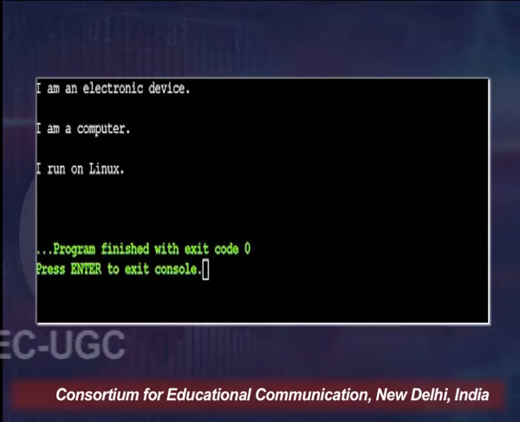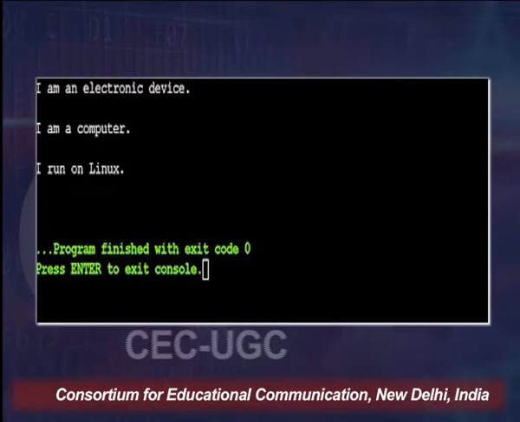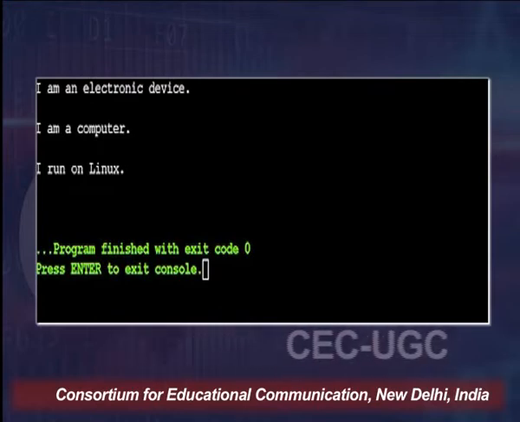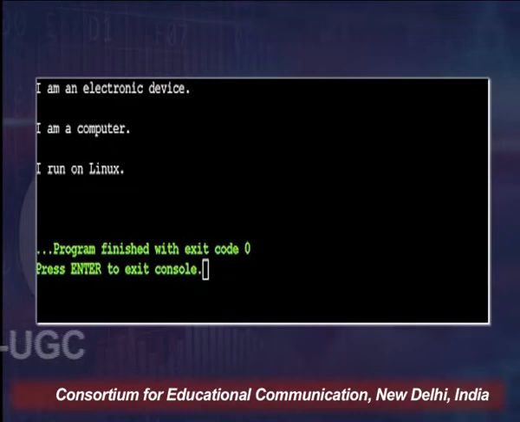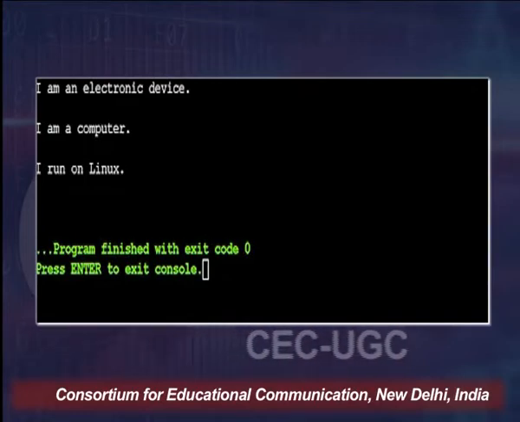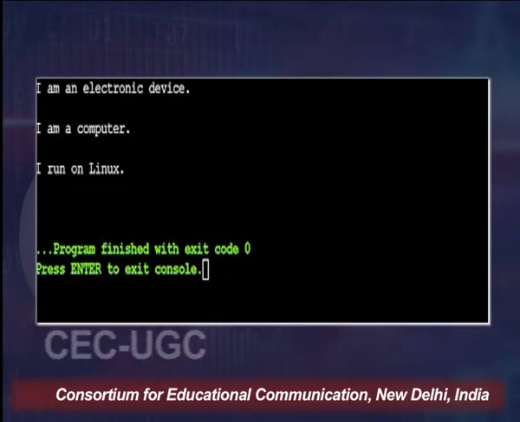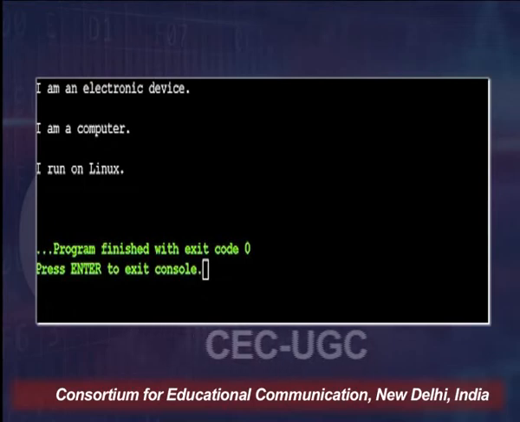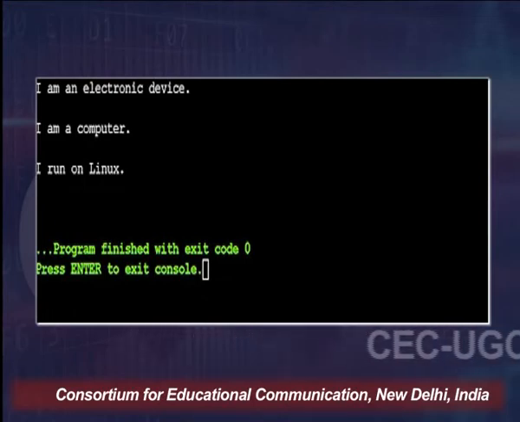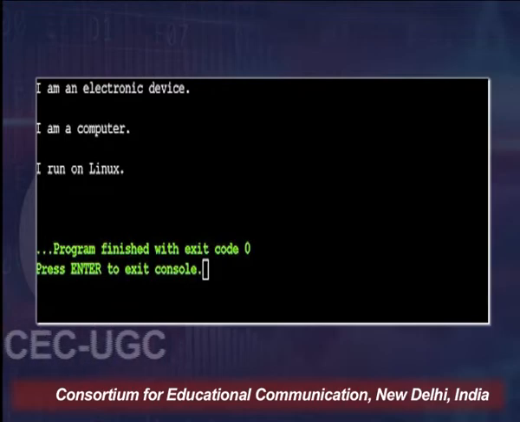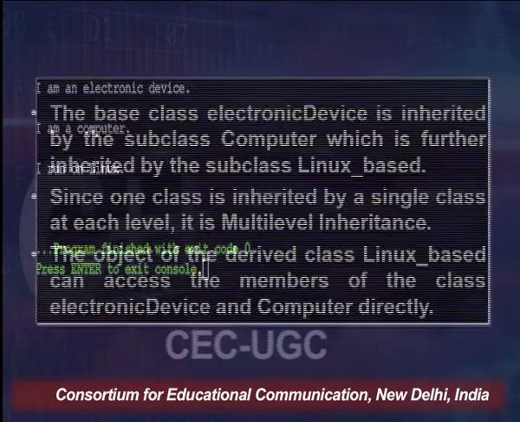This is the actual object which we have created, which in turn called the computer, and the computer class constructor in turn called the electronic device. So Linux, then computer, then electronic device. So electronic device first, then computer, and then Linux. This will be the sequence of the constructors being called, and this was the output which we were expecting.